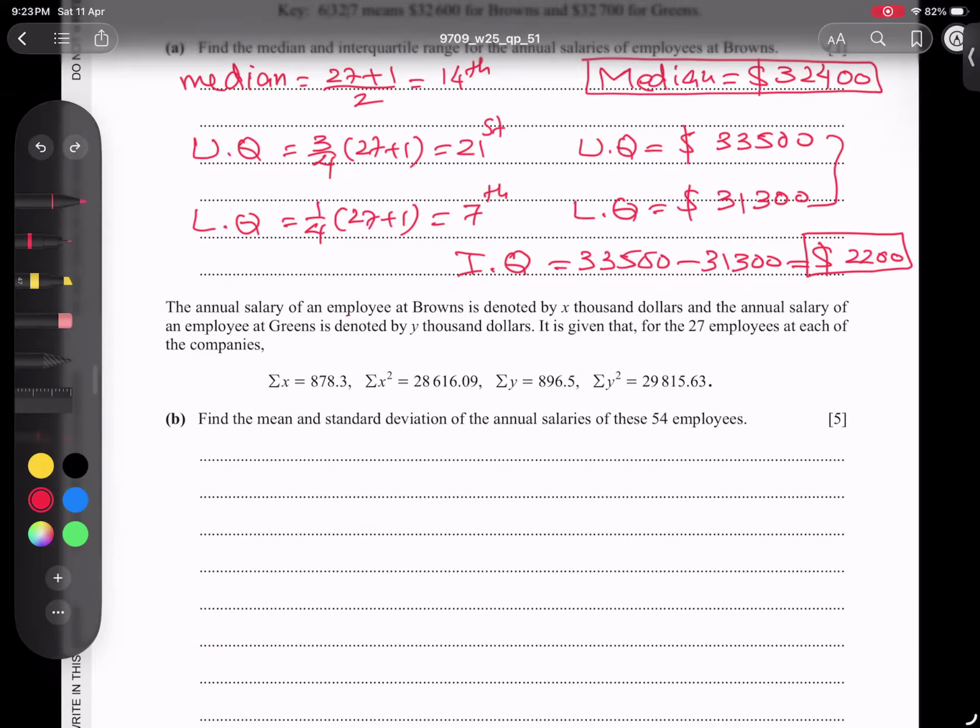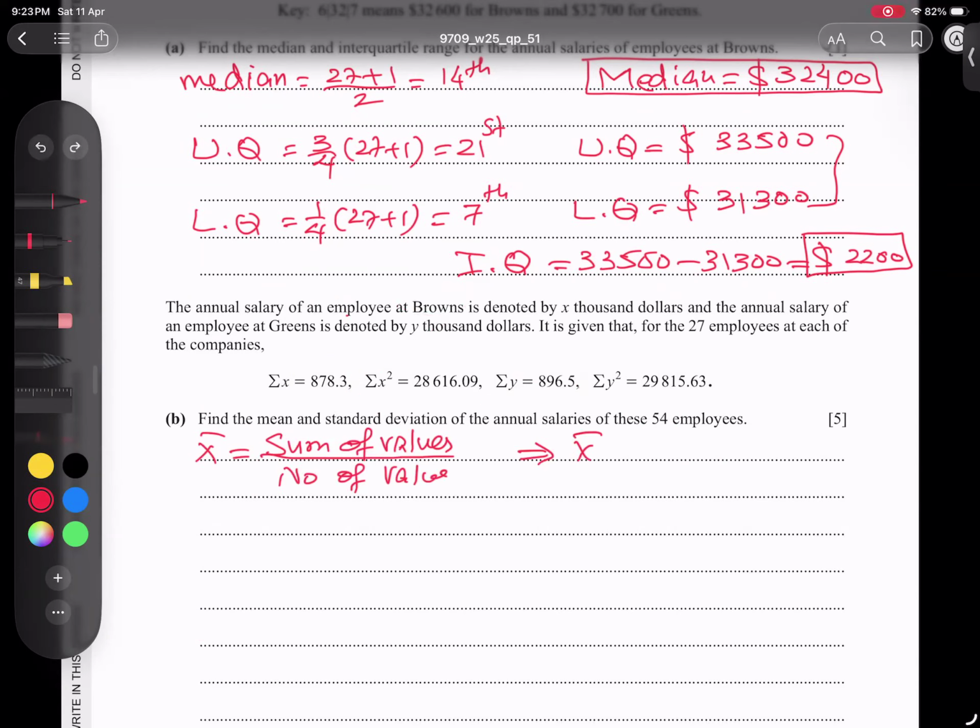Mean value is the sum of the values divided by the number of the values. Or we can say sigma, same thing. So basically, if you look carefully at the whole group, this is the sum of the values of the Browns, and there is the sum of the values of the other ones.